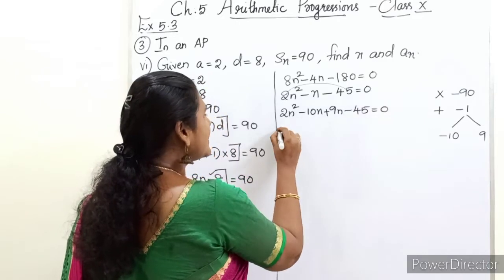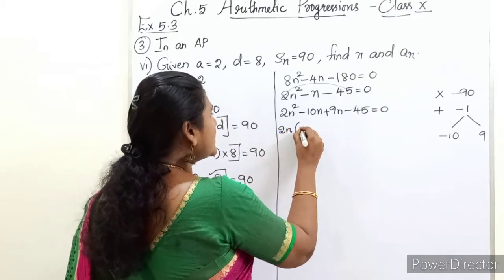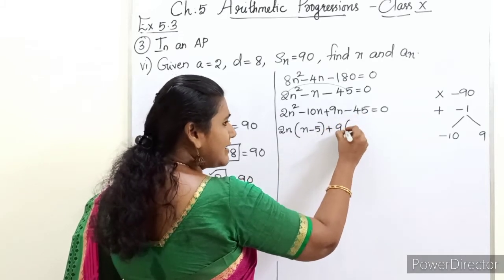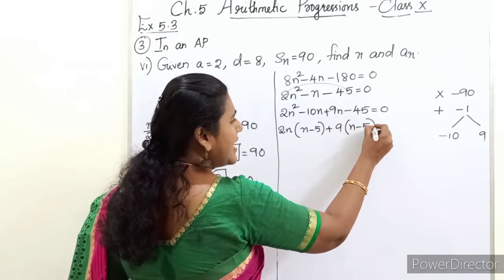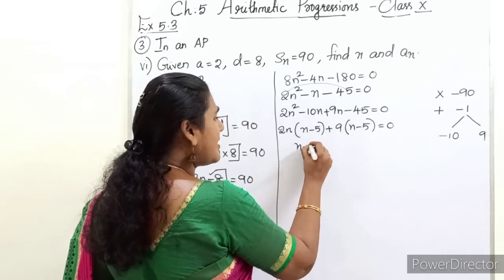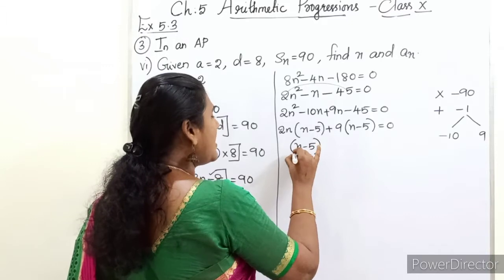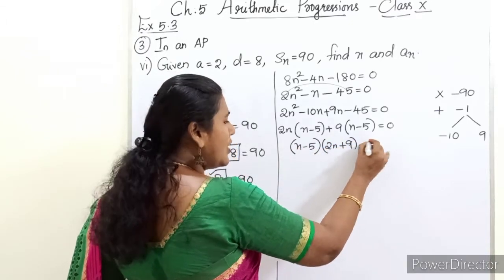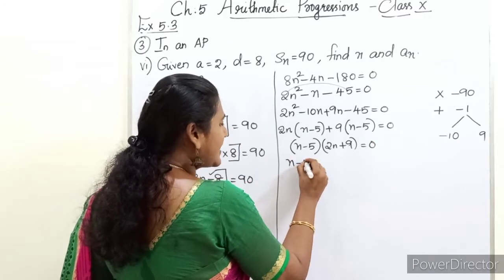From the first two terms we can take 2n common, so n minus 5, plus from the next two terms we can take 9 common. Again you will get n minus 5 is equal to 0. Now in these two terms n minus 5 is common. So n minus 5 into 2n plus 9 is equal to 0. Now we will equate each factor to 0.